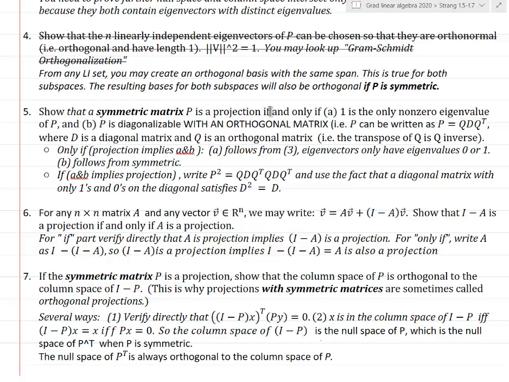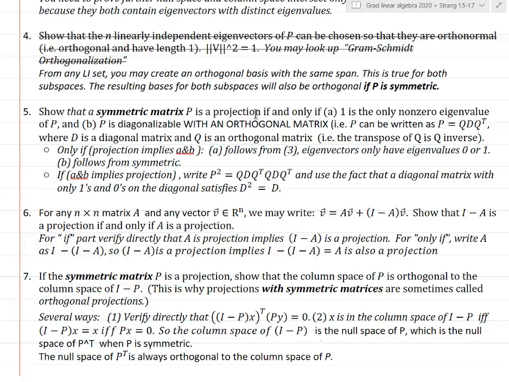Now, P is a projection implies A and B. That's really the only if part. So this clause implies that clause means only if. That will happen only if the result is true. It's a little bit confusing that if means the reverse implication and only if means the forward implication. If you think about it, that's how it works.